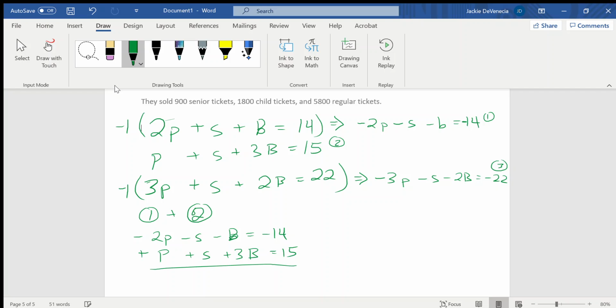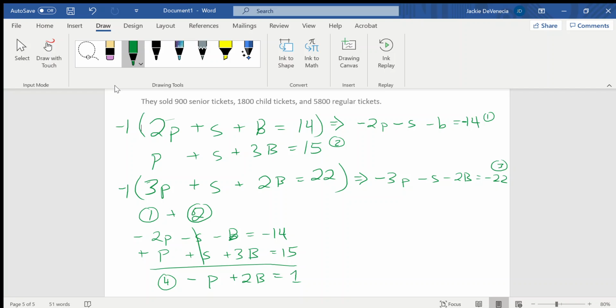So I'm just going to add them to cancel them out. So negative 14 and 15, that's just a 1. Negative b plus 3b, that is a positive 2b. These cancel out. A negative 2p plus p, this is going to give me a negative p. All right, so this is going to be our new fourth equation.